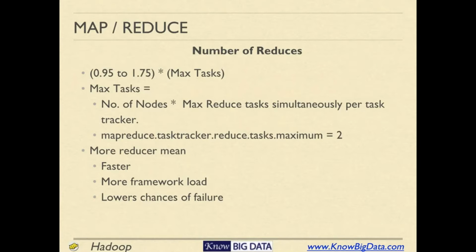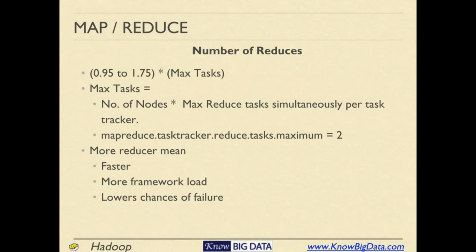You keep increasing the number of reduce tasks from one to something, and you will hit a point where you get the best output, and then you can stay there. There is no single rule of thumb, but still, let me go through the standard common wisdom.